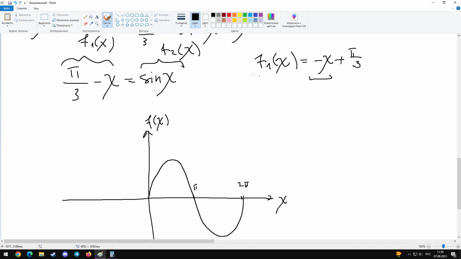It's a linear function, and it's shifted up by pi over 3. So it crosses 0 at the point pi over 3. Pi over 3 is approximately 1 plus something really little. So it's 1. And at this point we've got pi over 3.